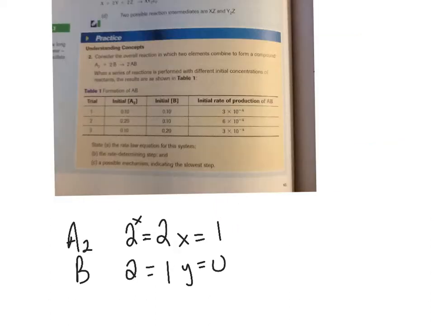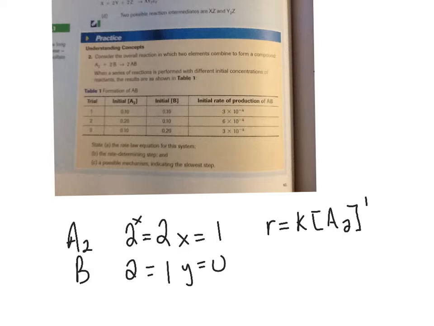For this, then, the rate is equal to k. That's your rate law expression. It's 0 order with respect to B. So you could either put B in and put it to the 0 or not put it in at all. Can you explain this again? The 2x equals 2x. We double the concentration. We doubled the rate.